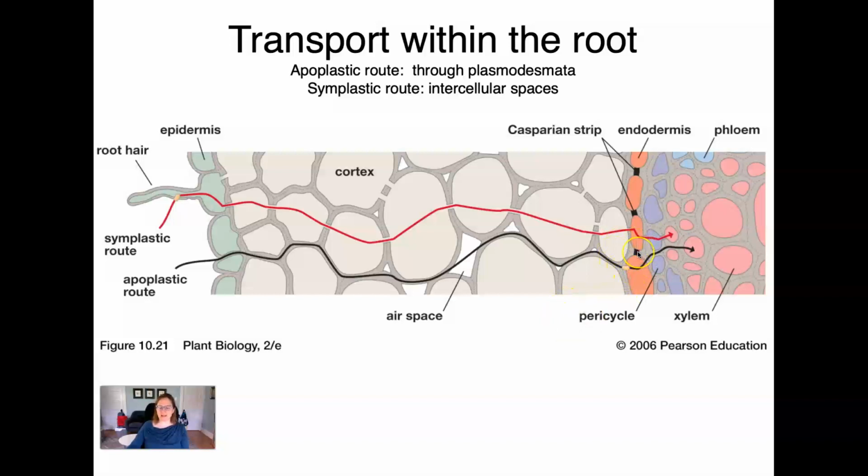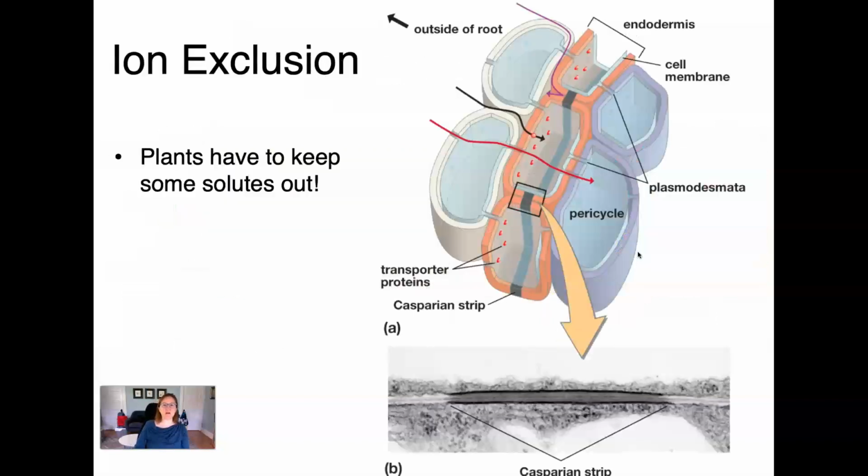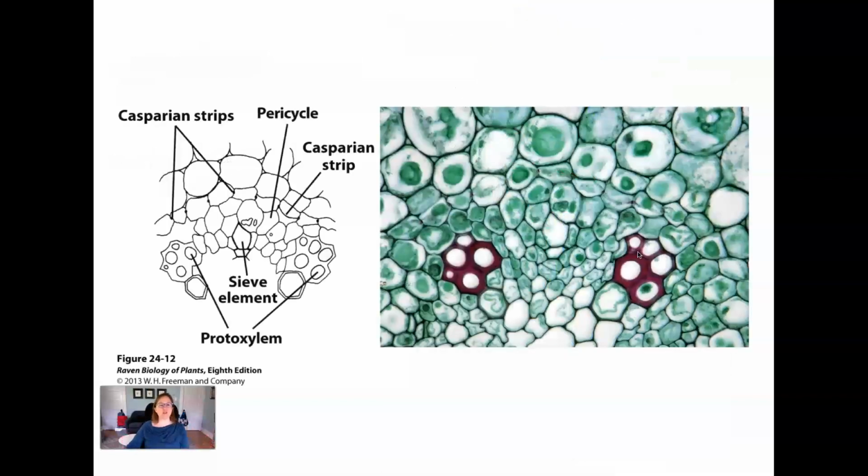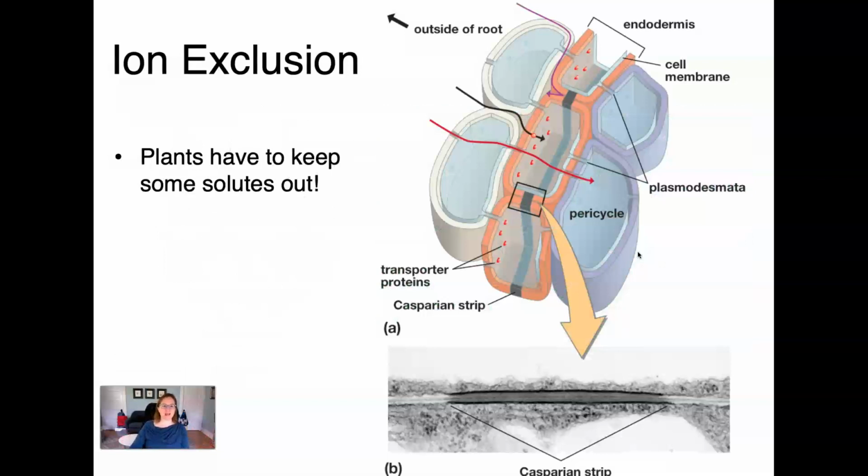There is something I need to tell you about excluding ions and making sure that the plant only transports the ions that it needs into the vascular bundle, and not ions that it doesn't need that might harm the plant. So plants need to keep some ions and solutes out of the vascular cylinder.